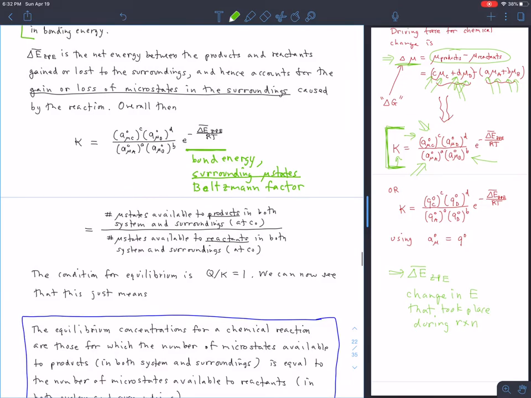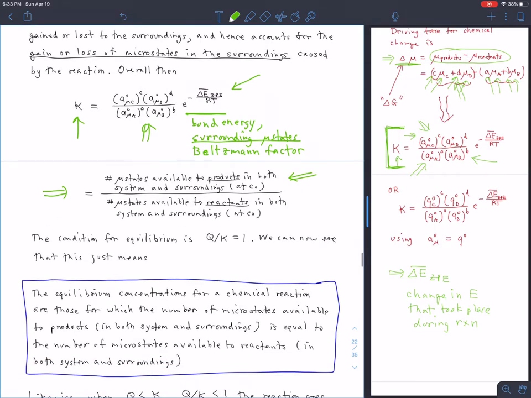And so, when all is said and done, when we've accounted for the fact that this is just the ratio of changes in the system before and after, and now this is the ratio of microstates in the surroundings before and after, K itself, the whole thing put together, is just the number of microstates available to the products in both the system and the surroundings at standard state conditions, C0, divided by the number of microstates available to reactants in both system and surroundings at C0, which is a really simple thing.